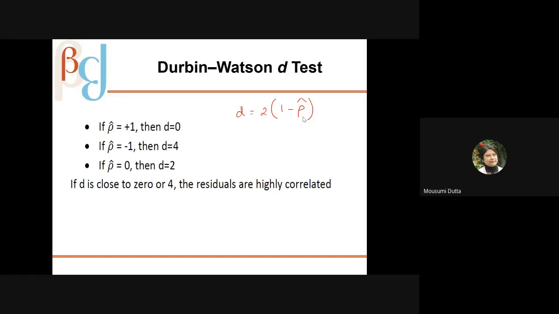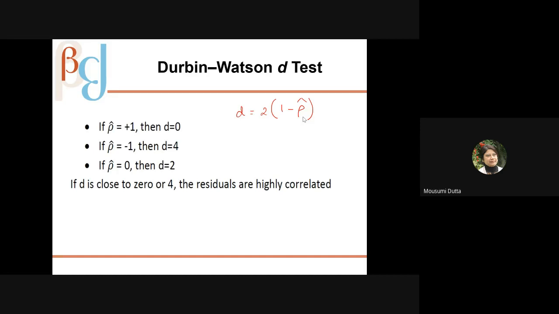So in other words, if D is close to 0 or 4, the residuals are highly correlated. Alternatively, if D is close to 2, in that case, the residuals are not correlated.